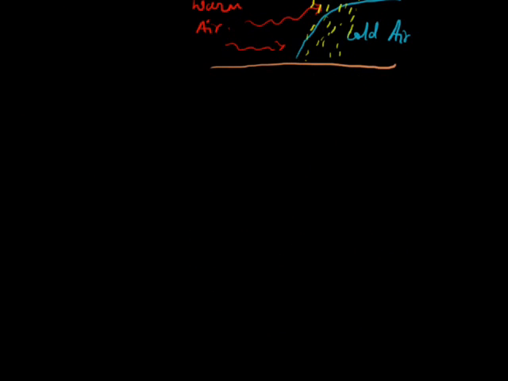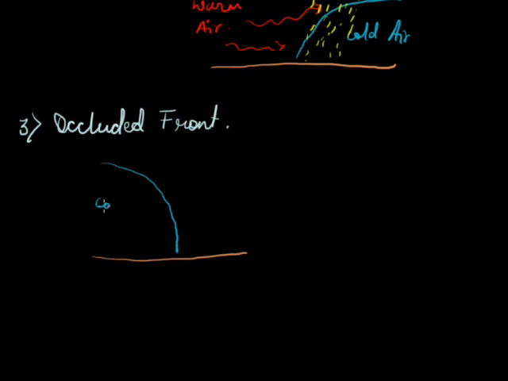The third is an occluded front. This is the situation where a cold front overtakes a warm front. This is the situation of the cold front.